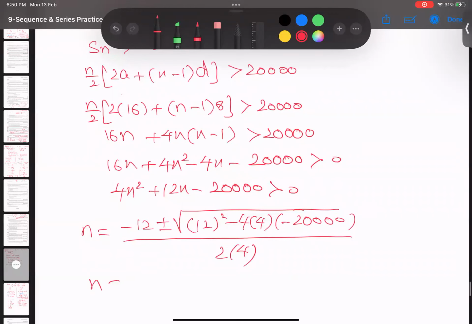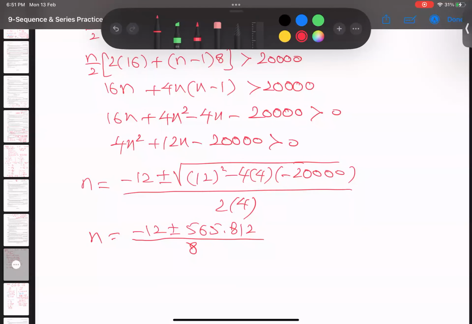After showing this, you can write the answers directly. Let me type it in my calculator: minus 12, plus or minus the root of 12 squared, minus, it becomes plus, sorry, 16 times 20,000. This is coming, actually, negative 12 plus and minus 565.812, all over 8.